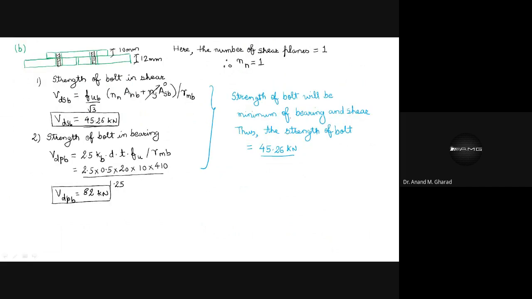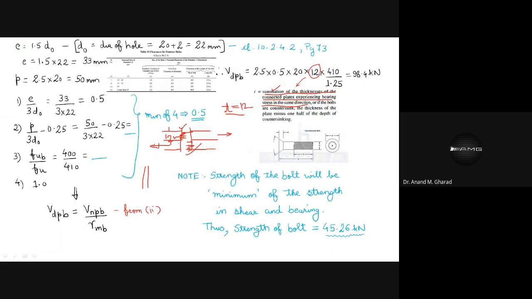But in our case, since this bolt is experiencing the bearing stress only in one direction, we are supposed to check what will be the minimum thickness which is given in the problem, that has to be considered. Okay, so therefore t will be equal to 12 mm, since both the plates given in this numerical are of 12 mm thickness.